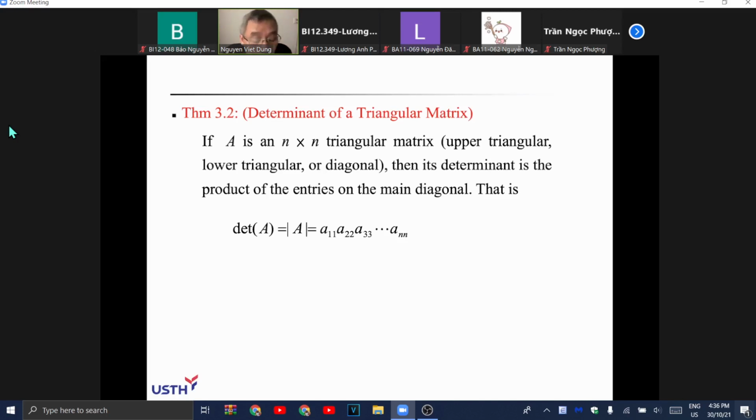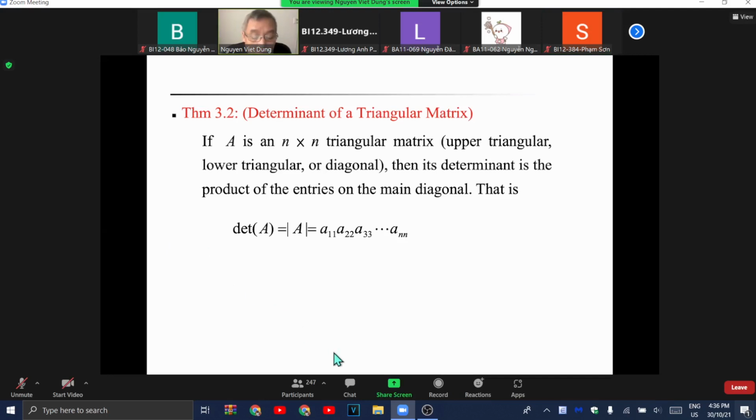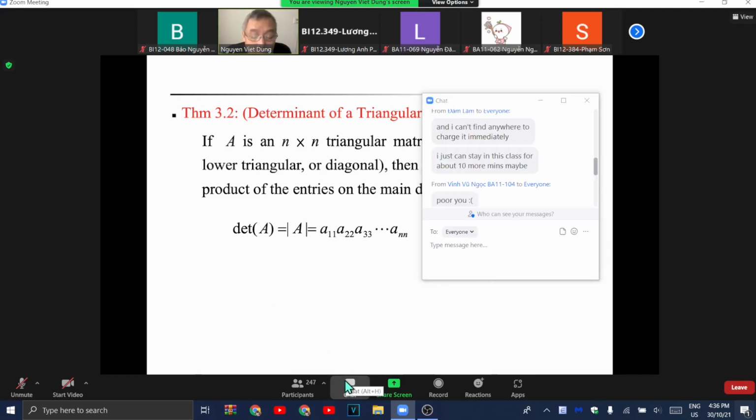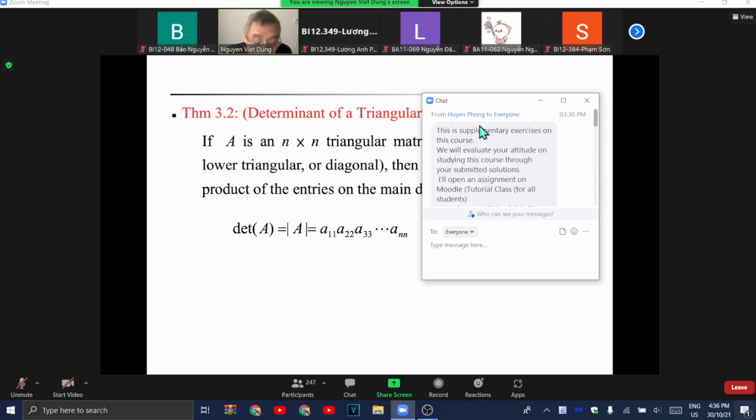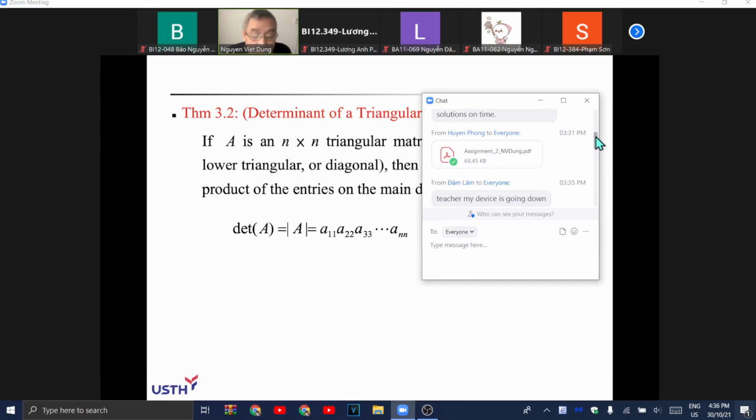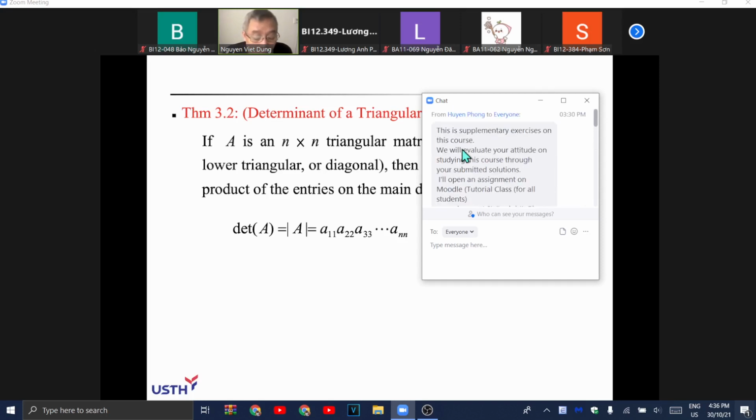Before finishing, I tell you something. We have Miss Huyền to be our teaching assistant. She put up on the chat box some examples, some exercise sheets for you. It is your duty to do the exercises and submit them to her, and she will evaluate them.